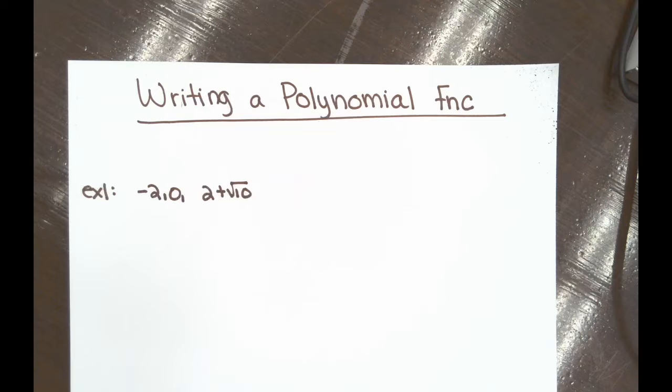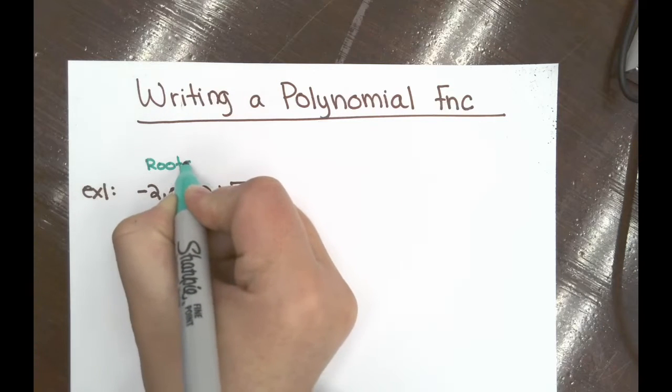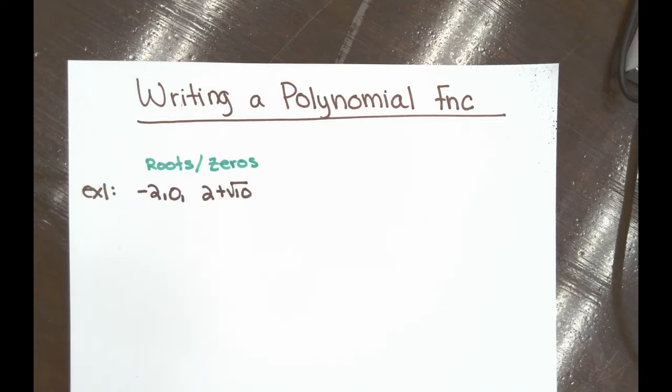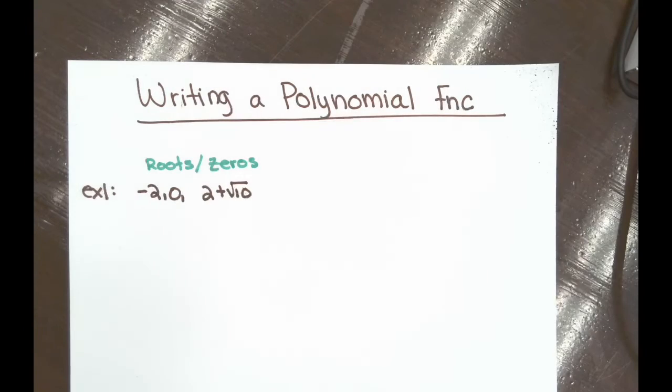Alright, so when you are writing a polynomial function, they are going to give you roots or zeros. One thing you need to really watch out for is if you have a complex root. Anything with an i, like imaginary i, or if you have a square root of something, they always come in pairs.